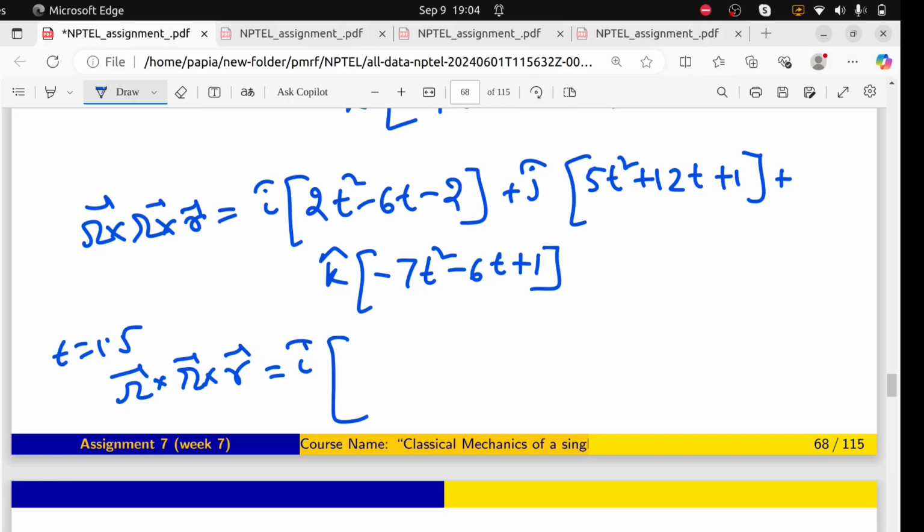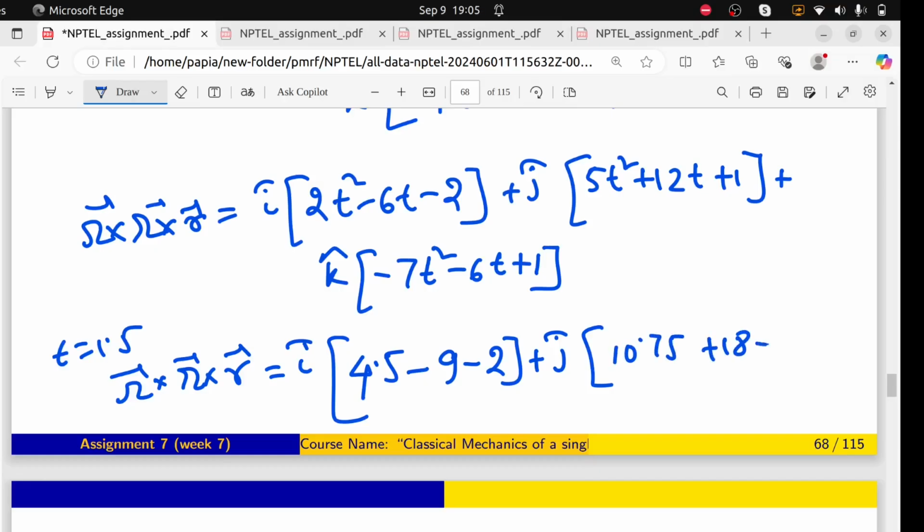So t equals to 1.5, okay, you can see here the answer will be simply 4.5 minus 9 minus 2, 10.75 plus 18 plus 1, minus 15.75 minus 9 plus 1.